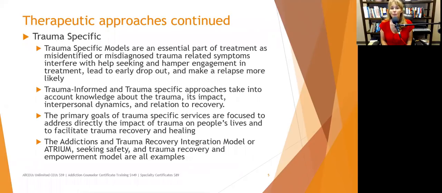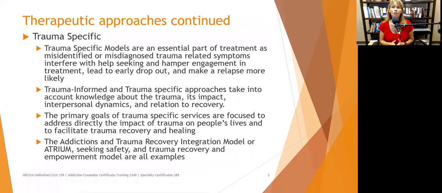If you're putting people, for example, in coeducational therapy groups and they have been raped or molested by somebody of the opposite gender, that could be a trigger. They may not be willing to feel vulnerable in front of somebody who reminds them of their abuser. So we need to take all these things into consideration.